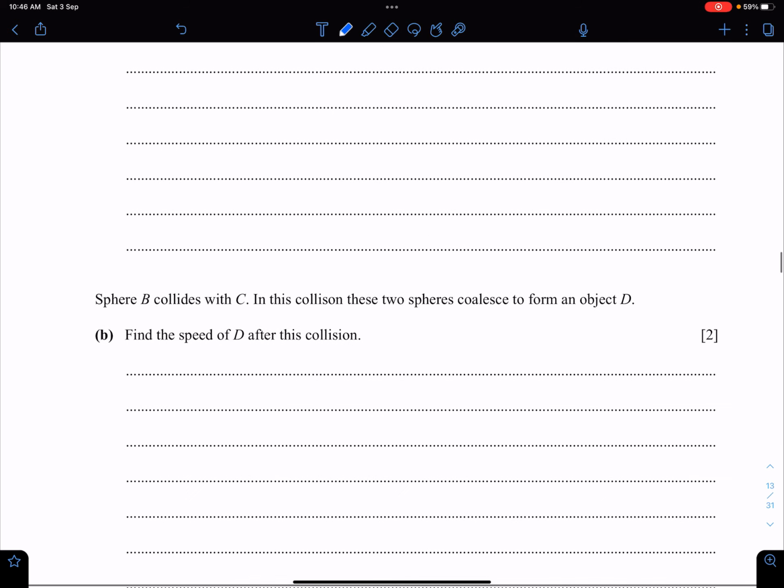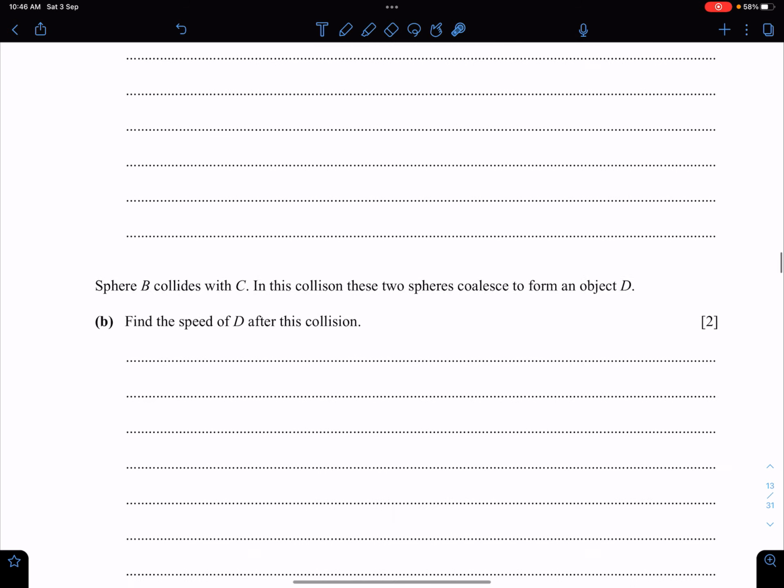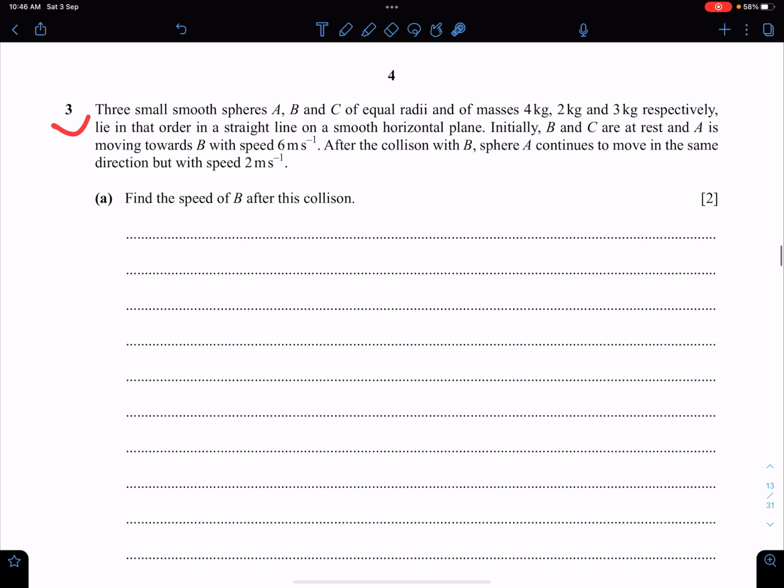The next question is from specimen 20 paper 4, and the question number is 3. Three small smooth spheres A, B and C of equal radii and of masses 4, 2 and 3 respectively.